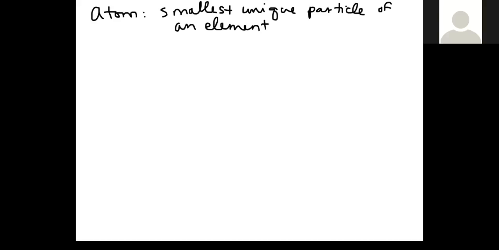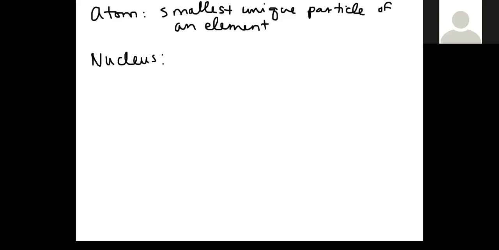So I'm going to ask you for the parts of an atom. I'm not asking for the particles. I'm asking you for the parts of an atom. What's one part of the atom? Those are the particles. Nucleus, yes, nucleus. So parts of an atom, nucleus.